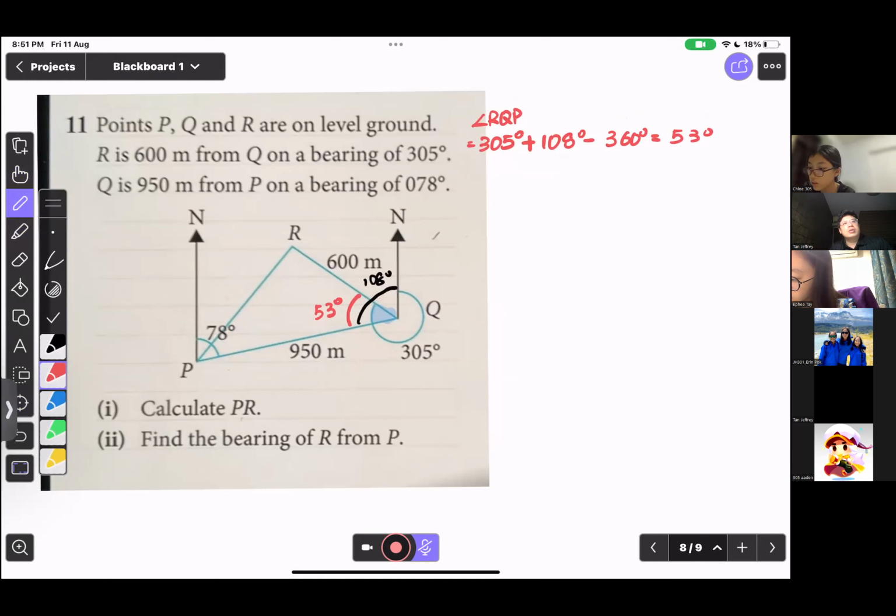Okay, so now you have this, right? Then what do I do? I want to find, then I can do sine rule already. Oh no, life sucks. Wait, let me find an answer.